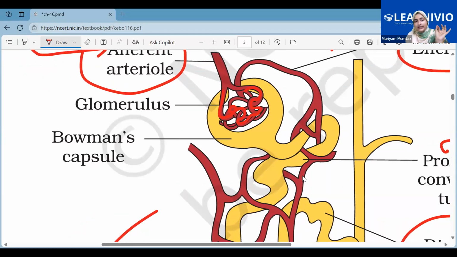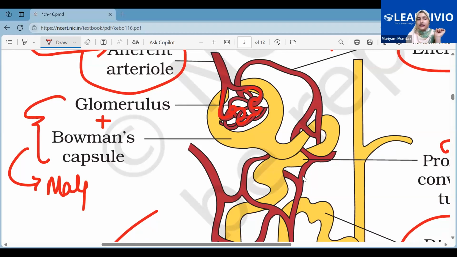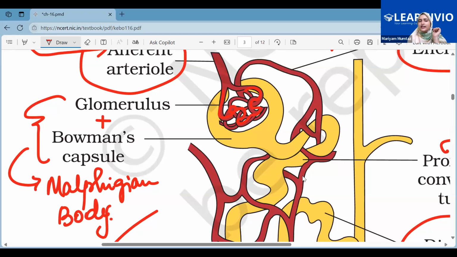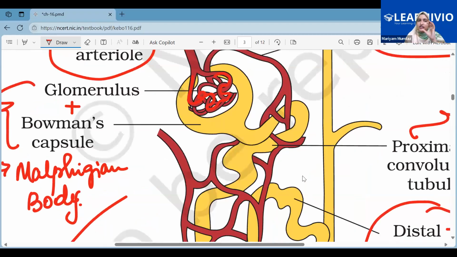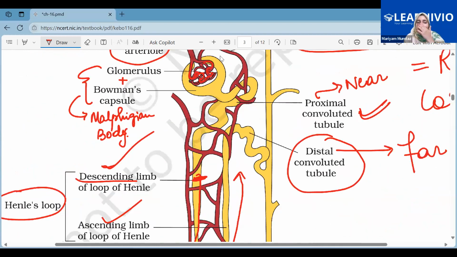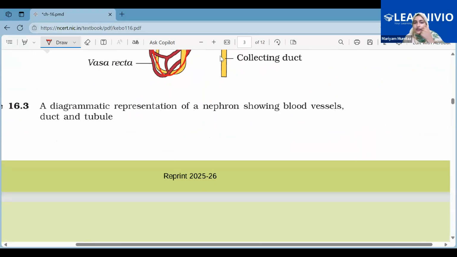So when you collectively want to call them something together, you call it the Malpighian body, or the renal corpuscle. It's like a collective name for both of them. It doesn't have any bigger significance, it's just the name. So remember that when they mention this, they are mentioning glomerulus and Bowman's capsule together.